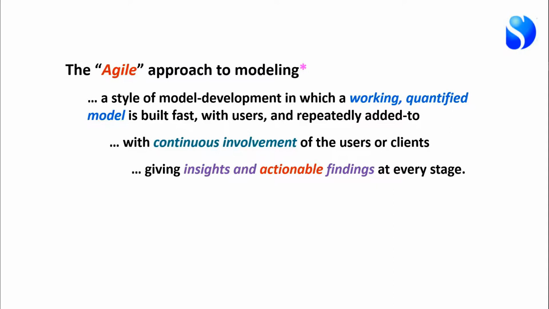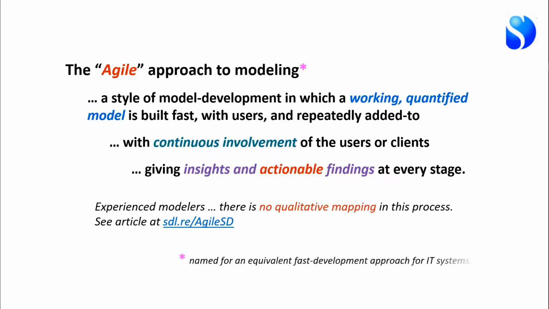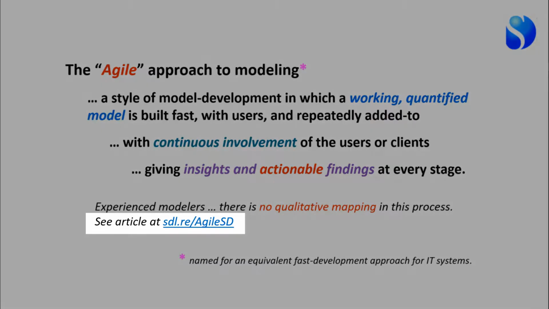You may be familiar with other approaches to modelling in which you build qualitative diagrams and maps and causal loop diagrams of the situation or the issue that you're trying to model. There is no qualitative mapping in this process. It's one of the reasons that the process is much faster. And there's an article you can go to and read to explain about that.